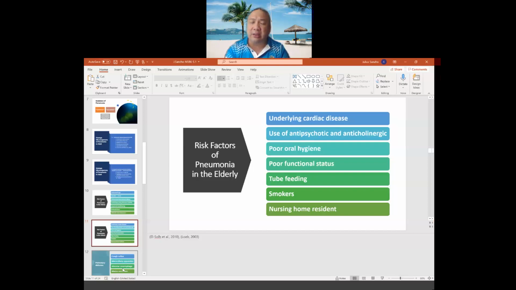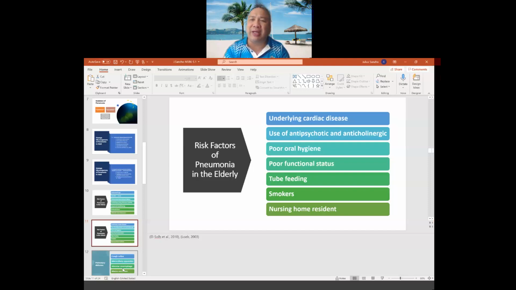Tube feeding. With tube feeding, there is a risk of aspiration. Nurses, I want you to reiterate to your CNAs that when they clean a resident with tube feeding or a PEG tube, sometimes they lower the head of bed so that they can clean the resident easily.